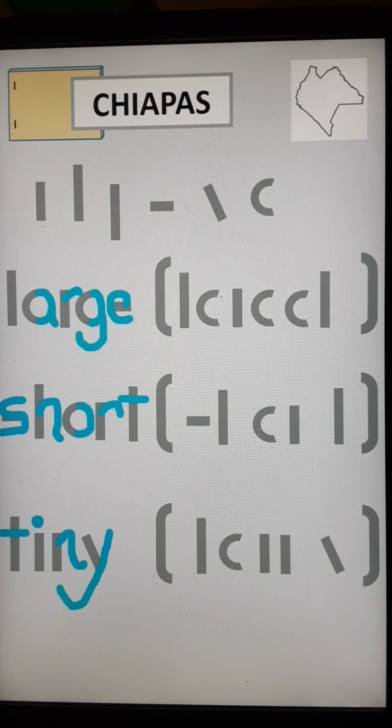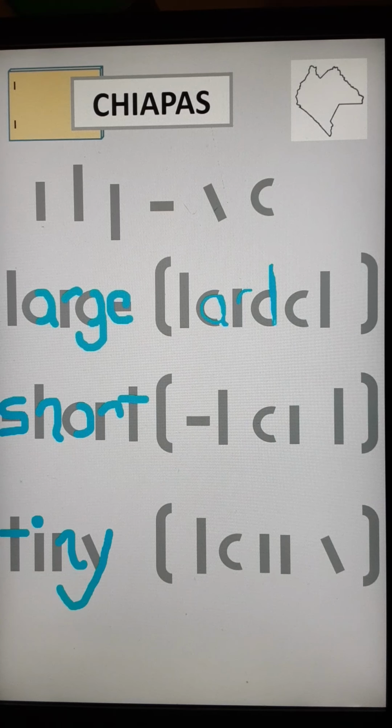So this is large. J has a DCH. DCH is the sound that we use for Jennifer Lopez. DCH, large. Large is big.